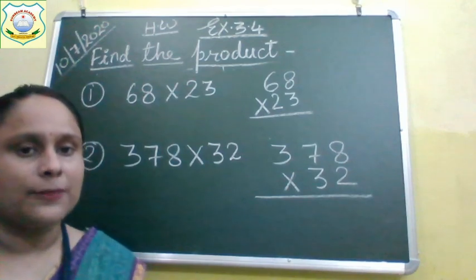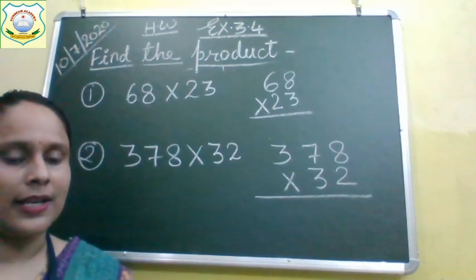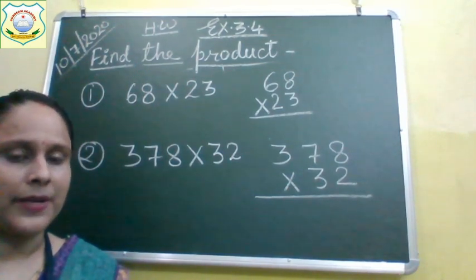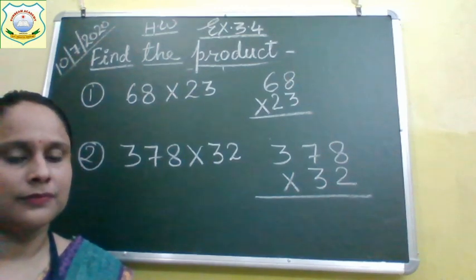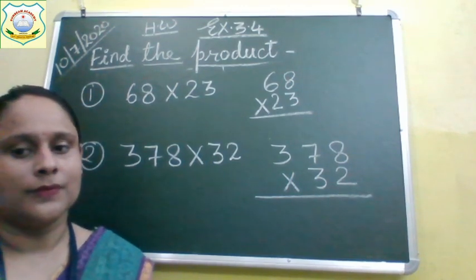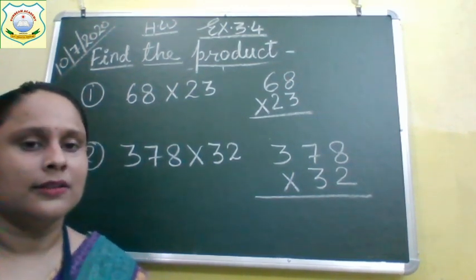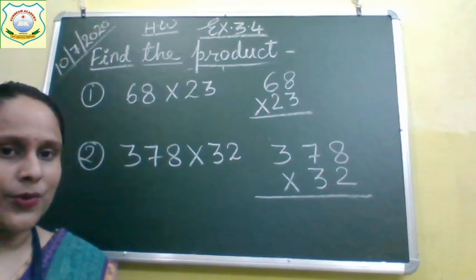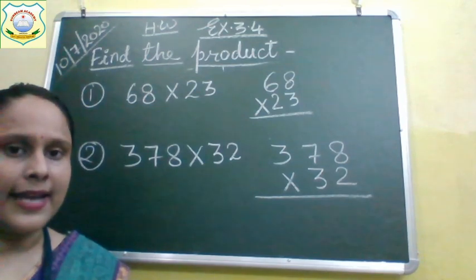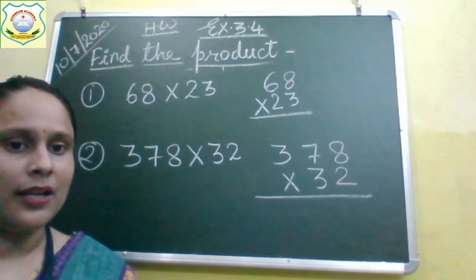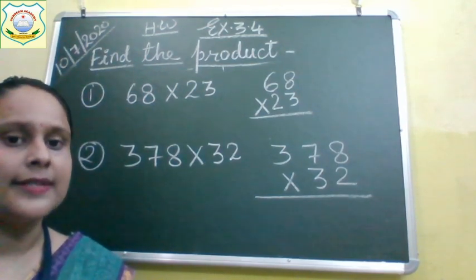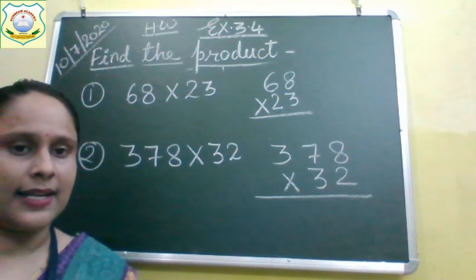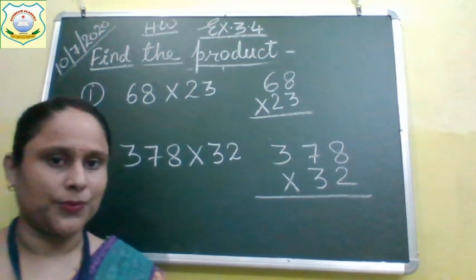Children, in the next page you will do the homework, in a new blank page. Written the question, everyone? First question is 68 into 23 and the next question is 378 into 32.